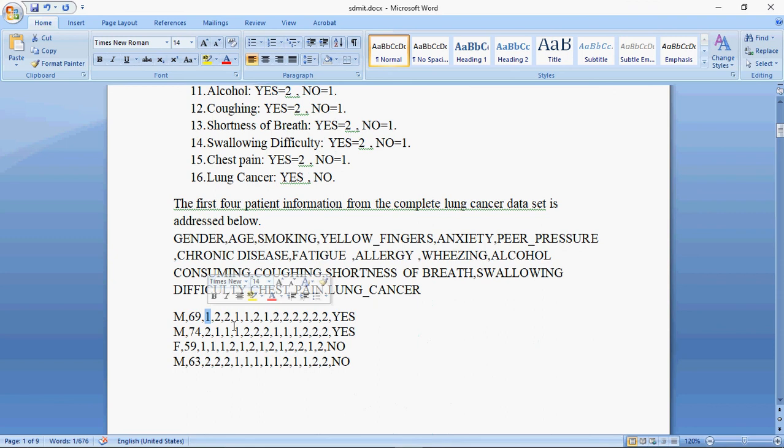Then yellow finger 2 implies this guy has yellow fingers. And anxiety, yes. 1 implies here peer pressure, it's no, and so on. Just observe these values and compare to figure out what the attribute values are for this particular person.